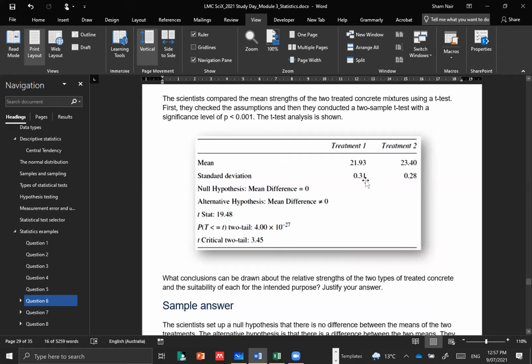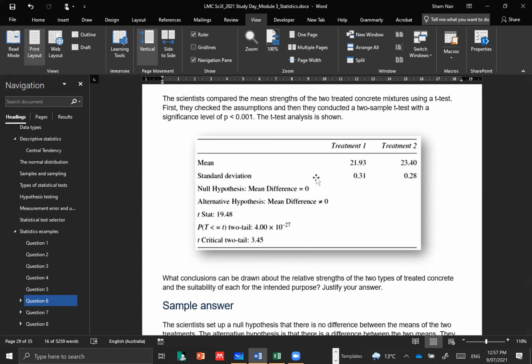Remember I said that for the normal distribution, one standard deviation is about 68% of the data, 2 standard deviations are 95% of the data, and 3 standard deviations are 99.7% of the data.